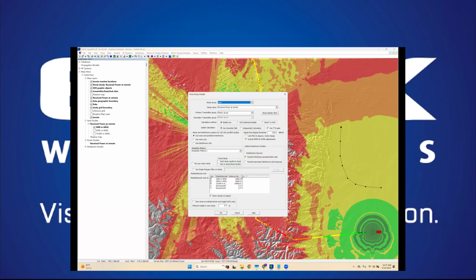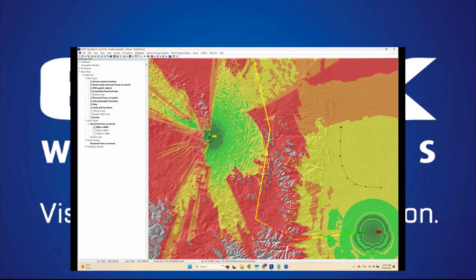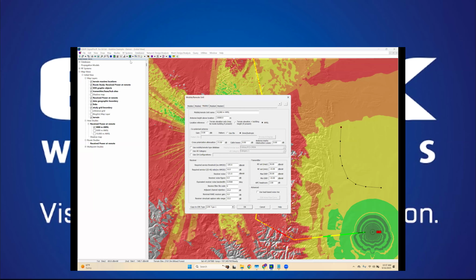So in this case, I would go into my mobile remote unit here, and instead of tethering that mobile remote to AMSL, or height above mean sea level, I'll tie that remote back to the ground level, just like I would for a land mobile or typical terrestrial comms.